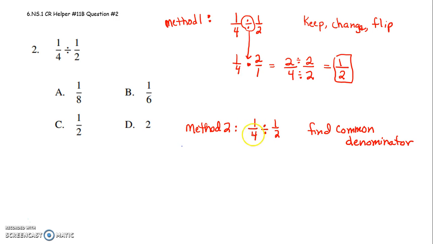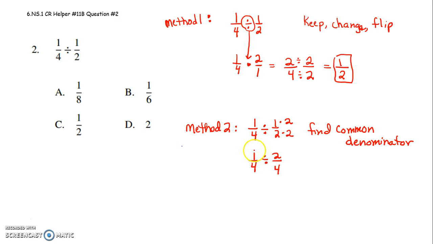So what would be the common denominator between 2 and 4? Oh, 4. Both 2 and 4 go into 4. So I can multiply the numerator and denominator of this by 2. So then I have 1/4 divided by 1 times 2 is 2, 2 times 2 is 4.